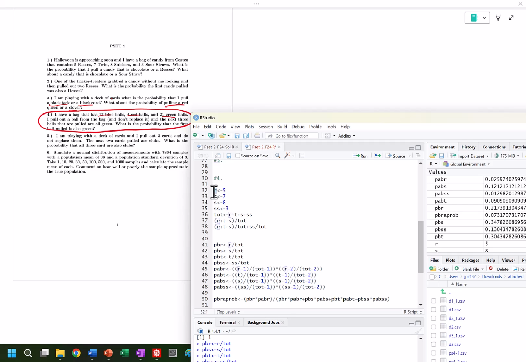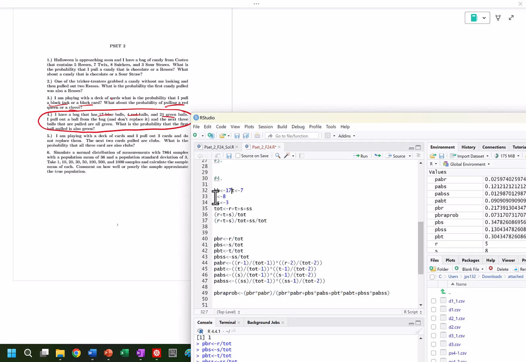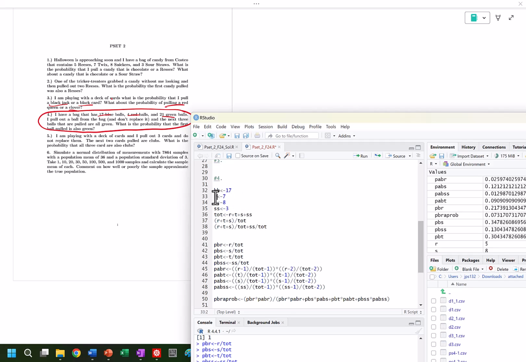So blue balls, BB, is going to be 17. My red balls is going to be 4. And then my green balls will be 21.